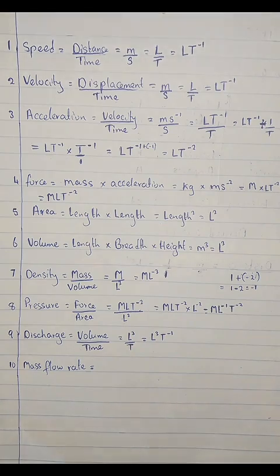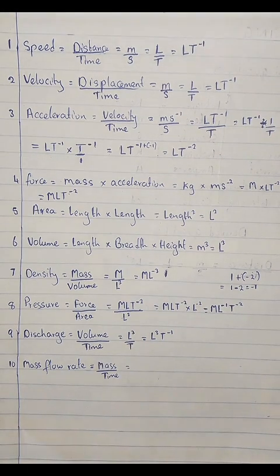So mass flow rate is simply mass all over time. Recall our mass is what? M, because it's under MLT, and our time is T. So we have our mass flow rate as M per T, or you can say MT to the power of -1.